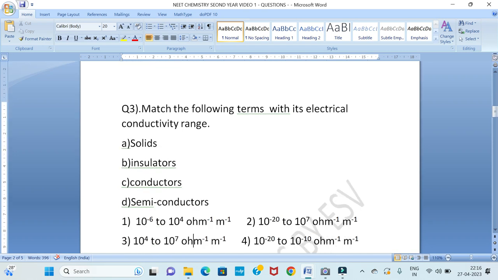Match the following terms with its electrical conductivity range. Match the following terms: solids, insulators, conductors, semiconductors with its electrical conductivity range. Come on, fast.